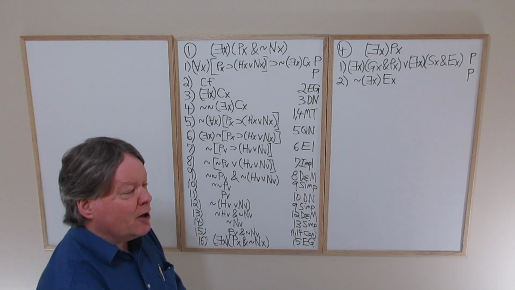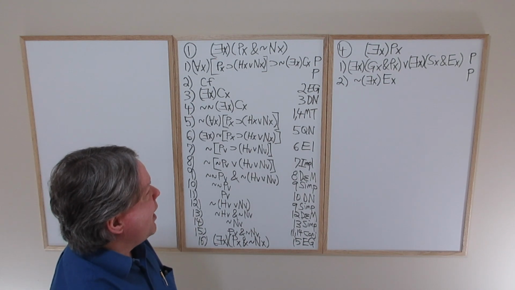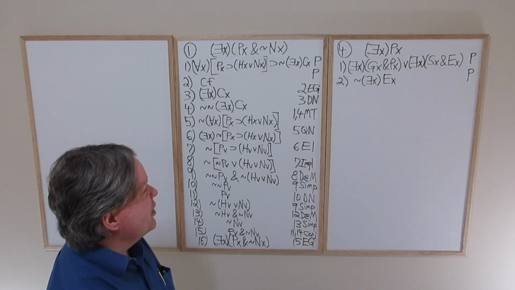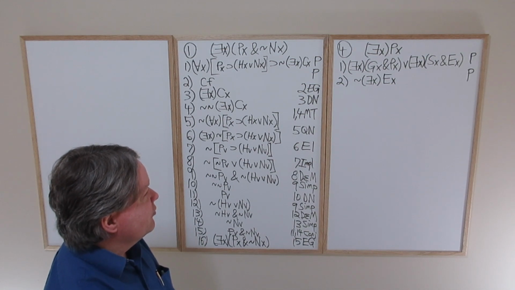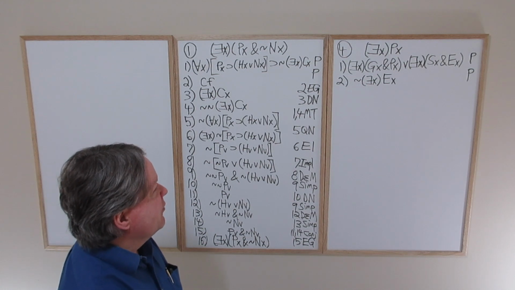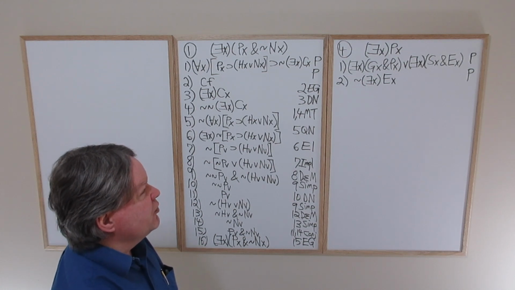So it's a disjunction. We need to have the negation of one of the disjuncts to move on. So that's what we need to figure out. How could we get the negation of one of those disjuncts?